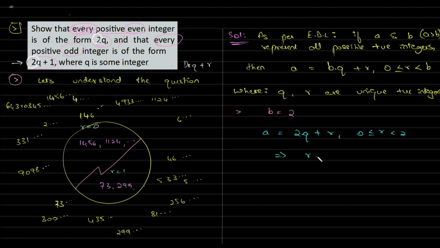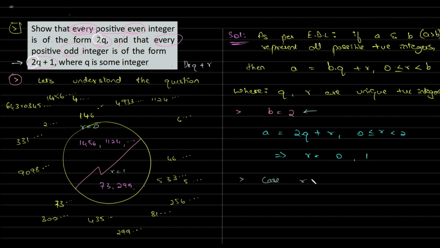This implies remainder is either 0 or 1. Is it not? Right? So let's just follow the maths now. Let's not think too much. Just let's follow the math. So we wrote the Euclid Division Lemma statement, and I'm putting b is equal to 2, and I'm continuing to write the answer.